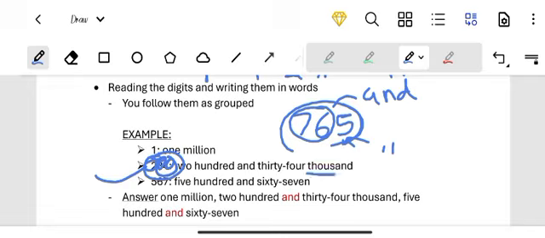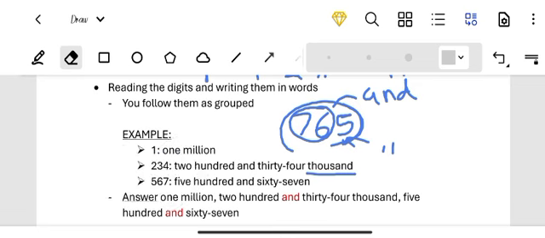We're going to say thousand afterwards. We can't say 200,000 and 30,000 and 4,000. We're supposed to say 234,000. We use one surname. 234,000.